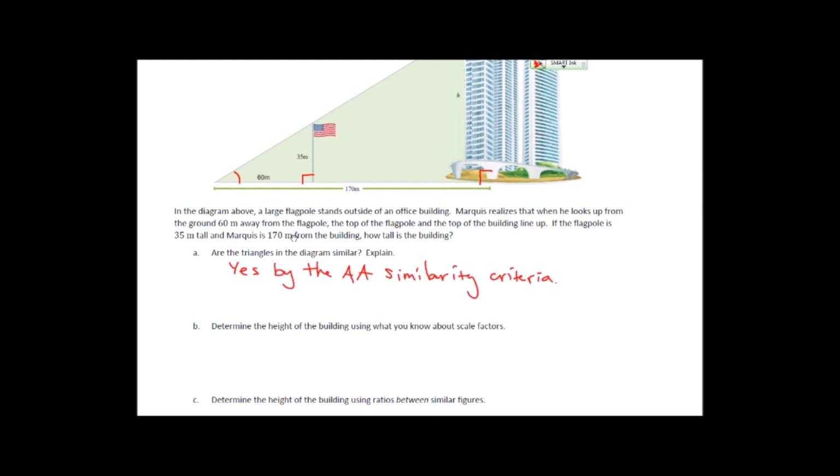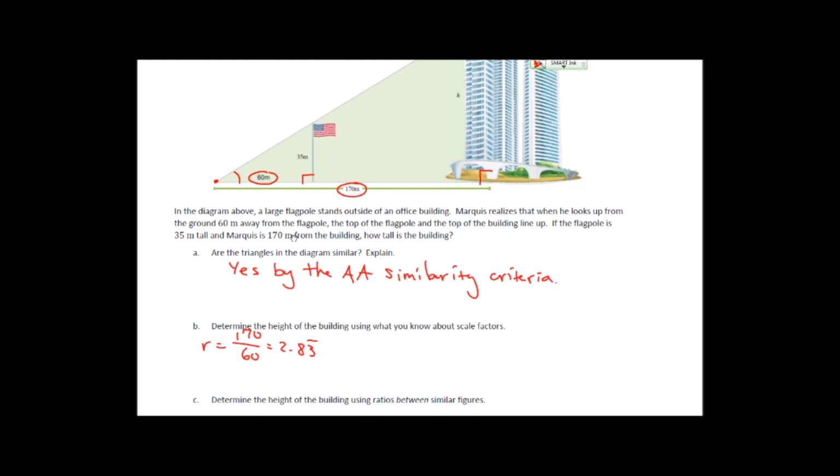In letter B, we're asked to determine the height of the building using what you know about scale factors. Now, if I think about this as a dilation, where this is the center of dilation, I'm dilating the height of the flagpole onto the building, and think about that as similar triangles, then I can find the scale factor by dividing the image length by the corresponding pre-image length as 170 over 60, which is 2.83 repeating.